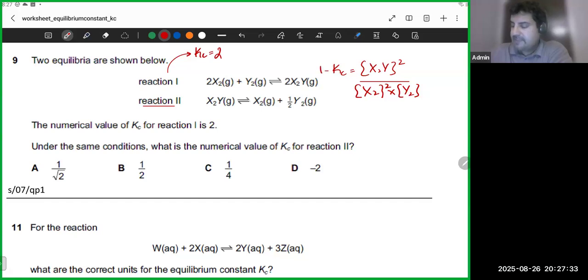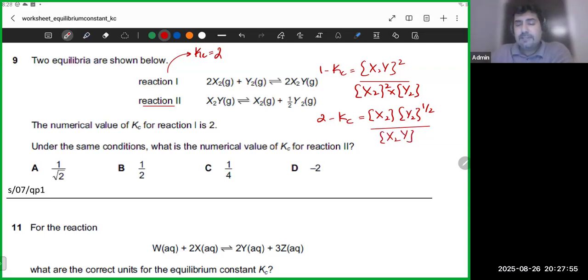That's my first reaction Kc. For the second reaction, Kc is, because it's written the other way around, X2 and Y2, where the power would be half, which is under root, divided by X2Y.